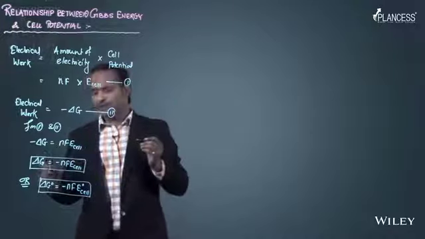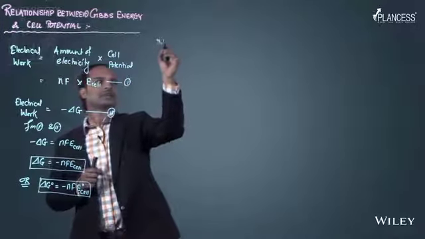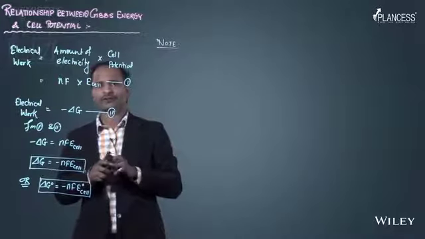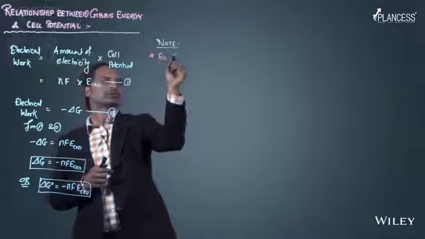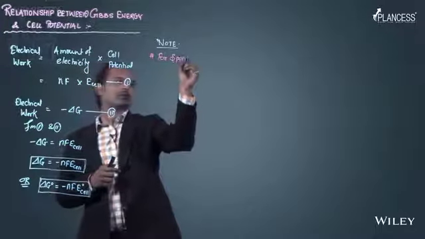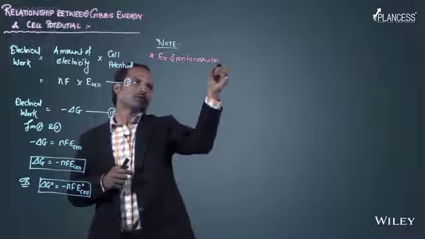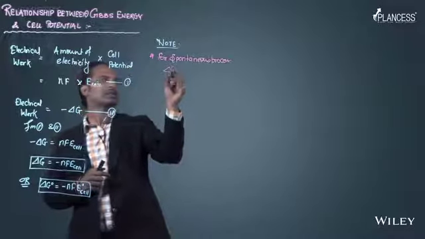Now from this formula, I can say, as I said in the beginning, that the Gibbs energy helps us to decide the spontaneity of the reaction. So I can say that for a spontaneous process, the delta G is negative.